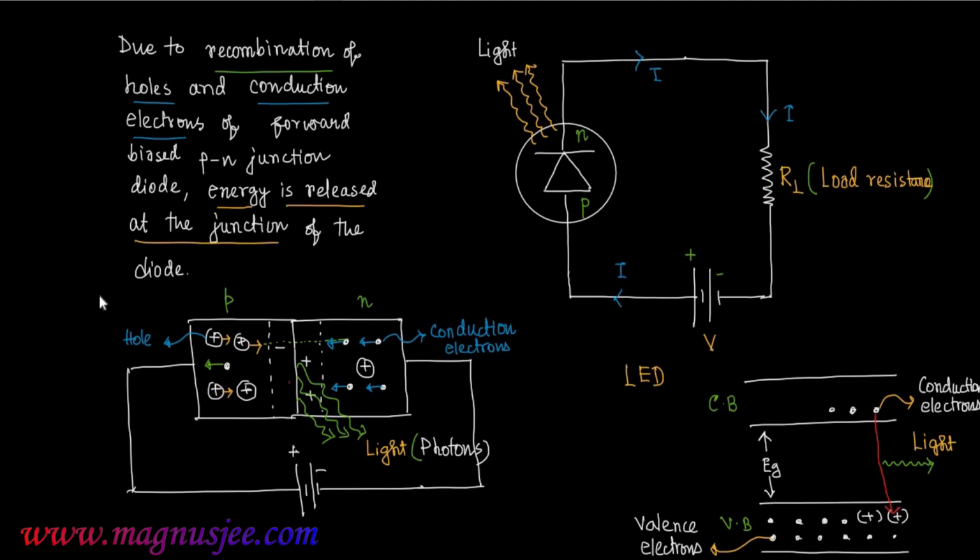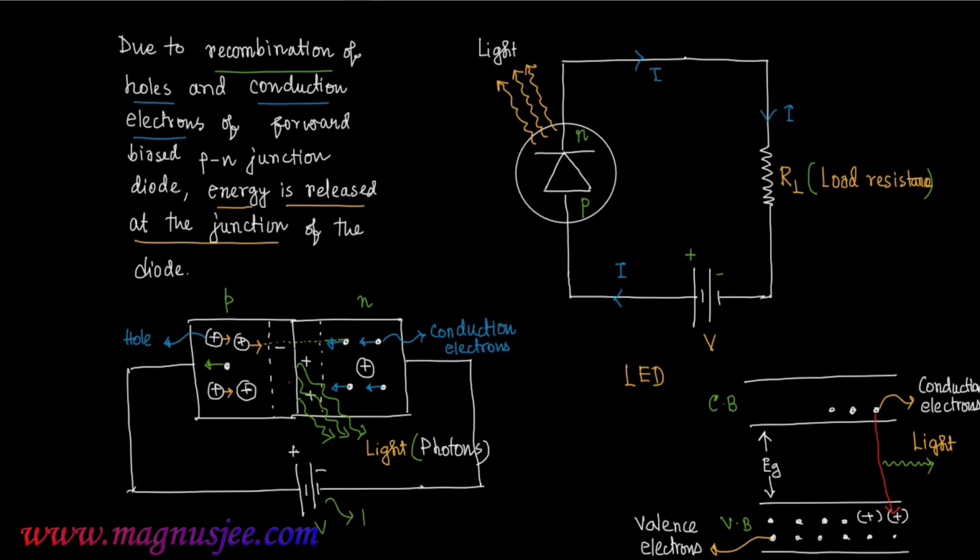Now, is it clear or not? Clear. And why does this conduction electron migrate from the conduction band to the valence band, or from the N region to the P region? Due to the voltage or EMF of the external battery.